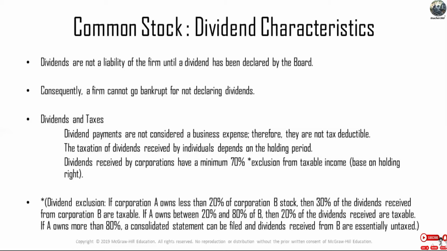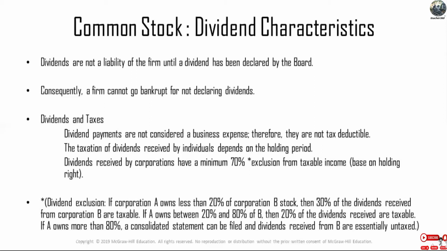A corporation's dividend income enjoys a 70% tax exclusion. Suppose corporation A owns less than 20% of corporation B stock, then 30% of the dividend received from corporation B is taxable. Suppose you have 100 shares of corporation B stock, then 30% of the dividend received from corporation B is taxable.